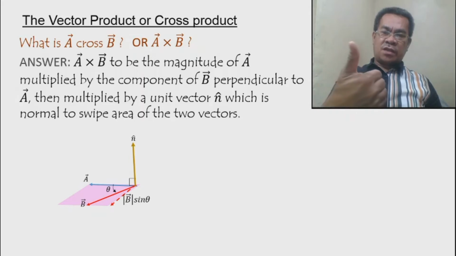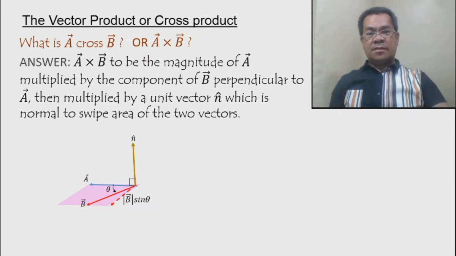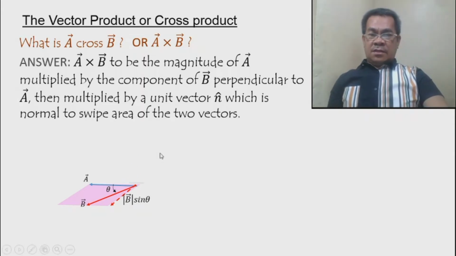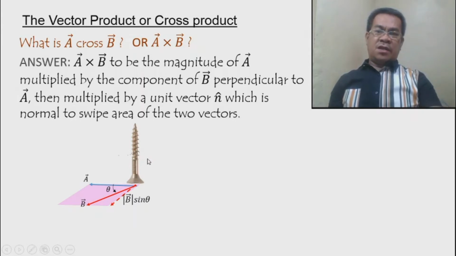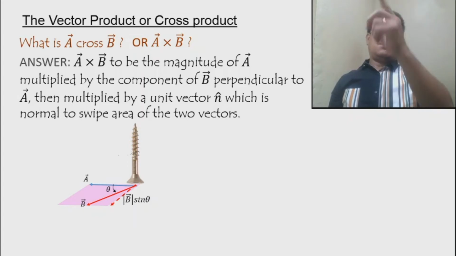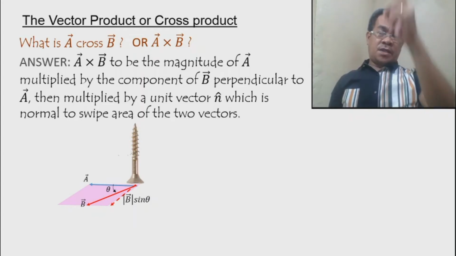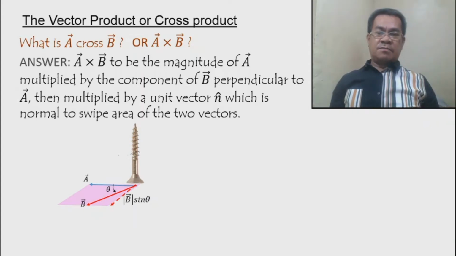So it will rotate. While rotating, it will move upward. Okay? So again, it is just like a screw. So the screw should be rotated in this direction, so that it will be moved upward. So it will penetrate the ceiling.